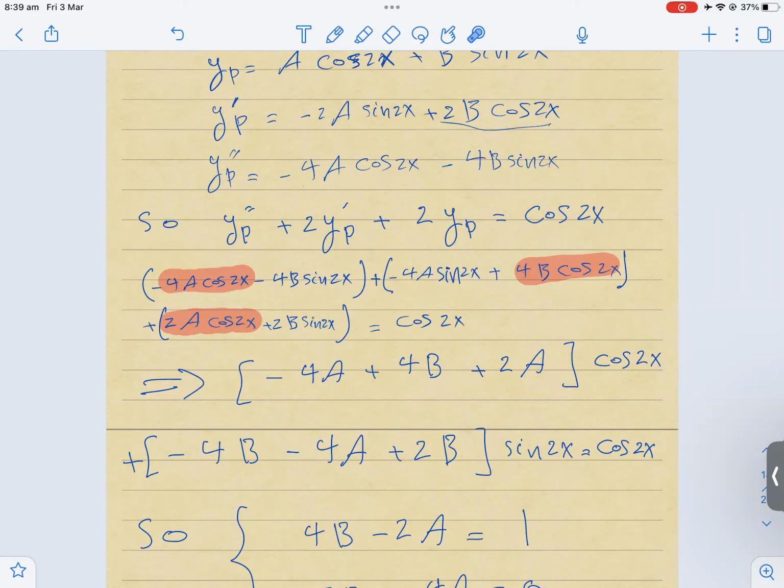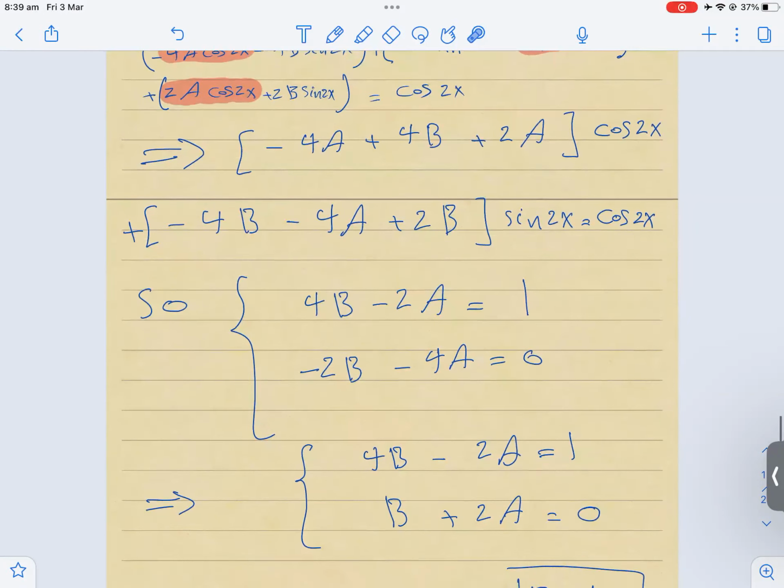Similarly, for sine 2x, the coefficients will be gathered here. The right hand side is cos 2x, and therefore this bracket will be 1 and this bracket will be 0. I'm sure that you remember these things from Math 1120 or Math 2310.